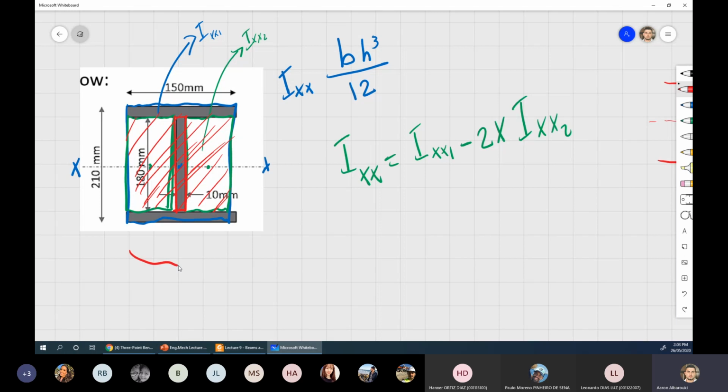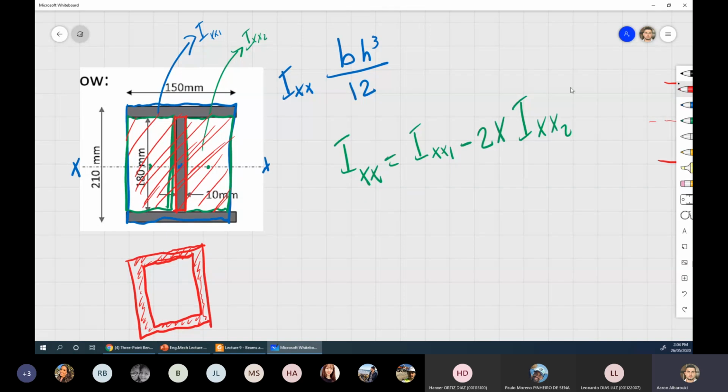For example, if I'm looking at a hollow section, we'll call it a rectangular hollow section, a very common shape. This is steel and this is hollow.